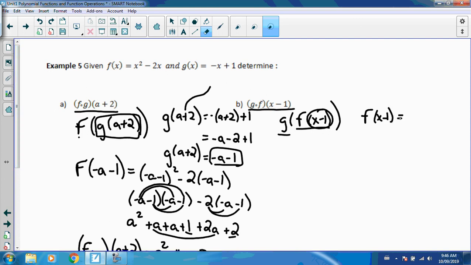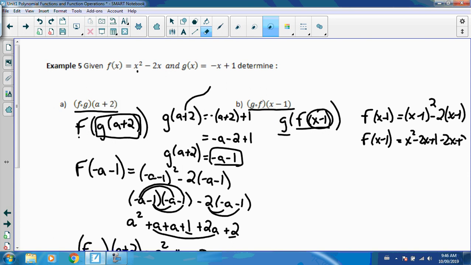And that is x minus 1 squared, where this x was, minus twice x minus 1. So I'm just going to skip through the FOIL here and do that sort of quick: minus 2x plus 1, minus 2x plus 2.